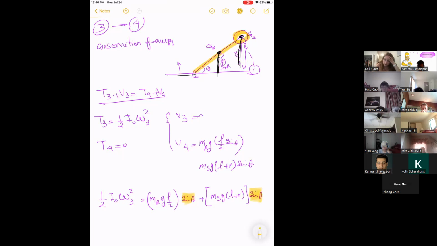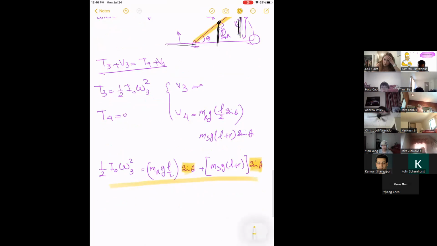Now, if you solve this for theta, everything else you know, omega 3 you calculated, everything else you know, your theta is going to be 39.8 degrees. And I think the sine theta should be something like this, because I don't have sine inverse.